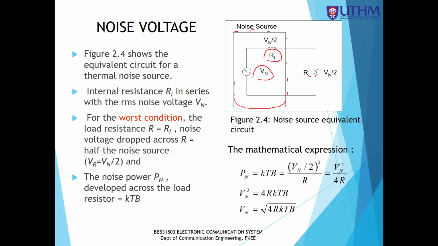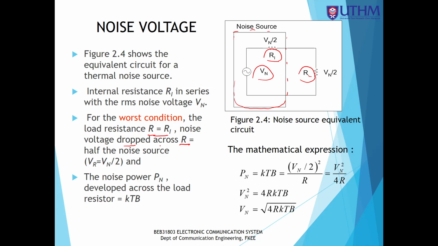For the worst condition, which means the condition that produces the highest noise, the load resistance R is equal to R internal of the noise source. So the noise voltage drop across the load is half of the noise source.